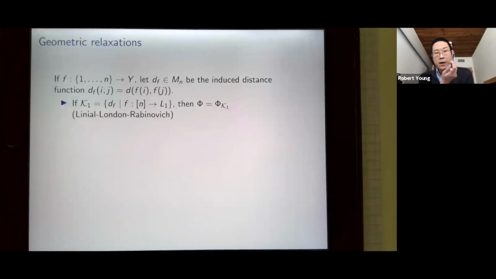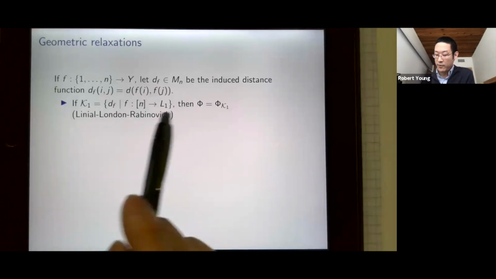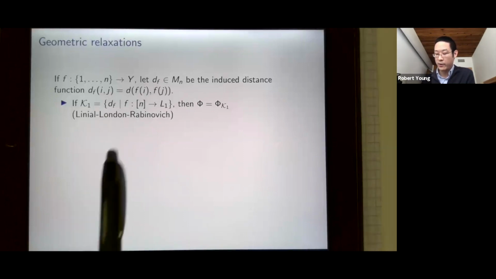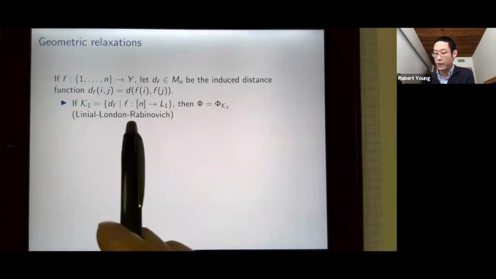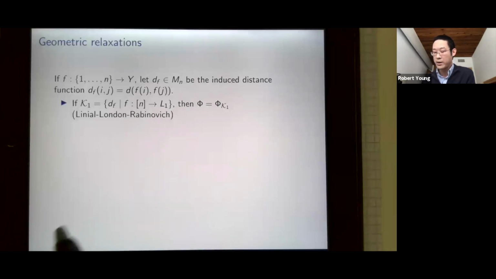If I have endpoints 1 through n, and a map f from those endpoints to some metric space Y, I define d sub f, the induced distance of that function, to be d_f(i,j) equal to the distance between f(i) and f(j). If that target space is the Banach space L1, these are L1 metrics, and I can define K1 to be the set of L1 metrics on the points 1 through n. These are the distance matrices induced by an embedding into L1.